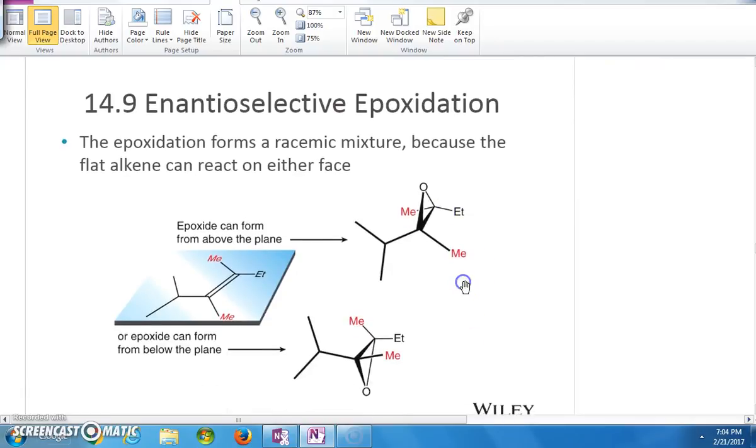To impart enantioselectivity, you have to use a chiral catalyst, because the epoxide can add either from the top face or the re face, or can add from the bottom face, the si face. So you can add from either face.